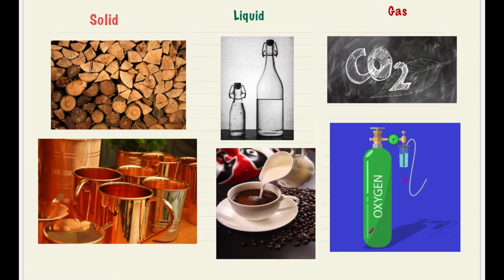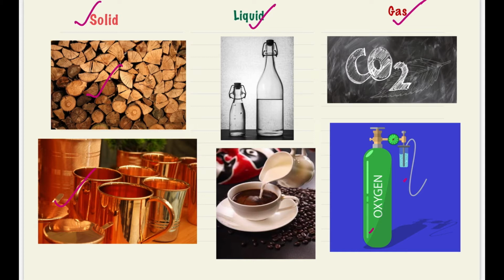So based on their physical state, we divide materials into three groups. Like one is solid, one is liquid and one is gas. So in solid, the material which is very hard, which cannot be cut easily, we put them in the solid group. Like wood is a solid, metals are solid, iron is a solid, stones are solid.